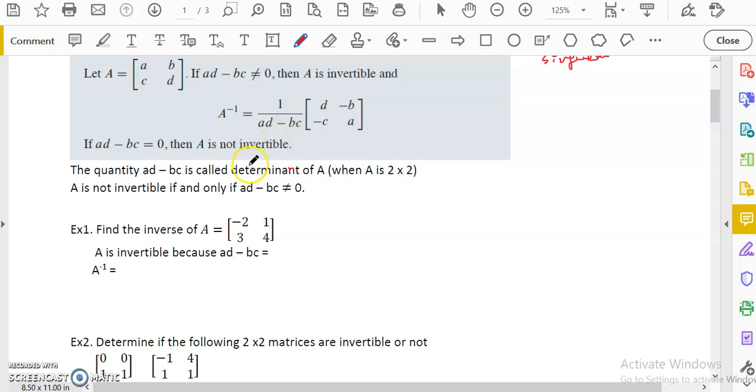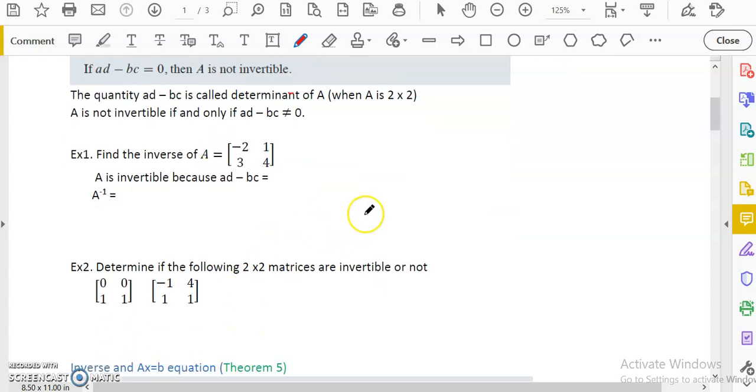In chapter 2.3, the next chapter, we will talk about the determinant in more detail. This relationship goes both ways, it's if and only if. If A is invertible, then AD minus BC is not zero. If AD minus BC is not zero, then A is invertible.